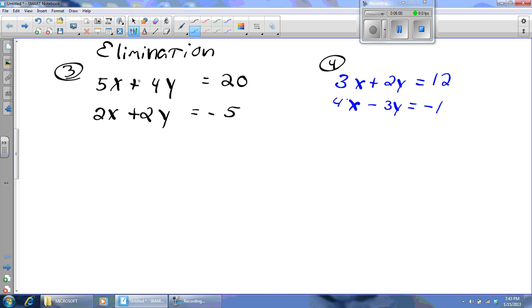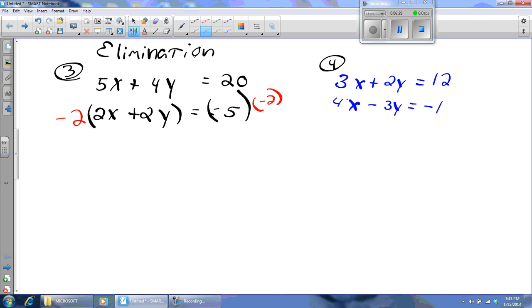I notice that 2 and 4. 4 is a multiple of 2. I could multiply this bottom equation by a number to turn it into 4. It would be relatively easy to do. And actually, I'm not going to turn it into 4. I'm going to turn it into negative 4. How could I turn this 2y into negative 4y? Well, I could multiply by negative 2. If I do it on the left-hand side, I have to do it on the right-hand side.